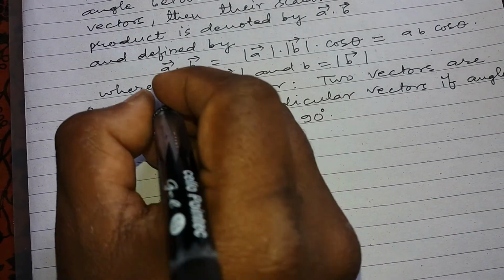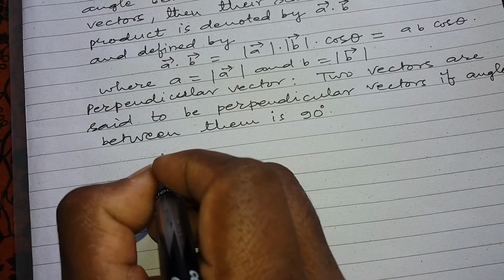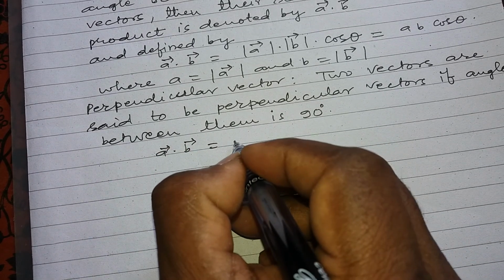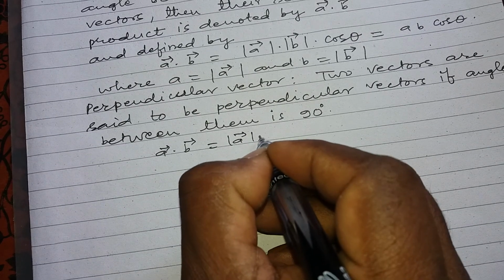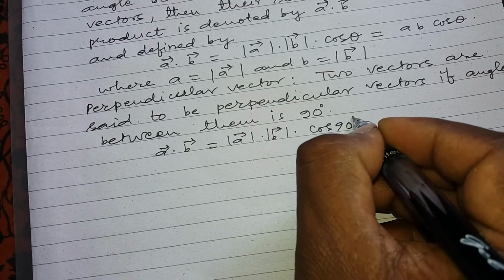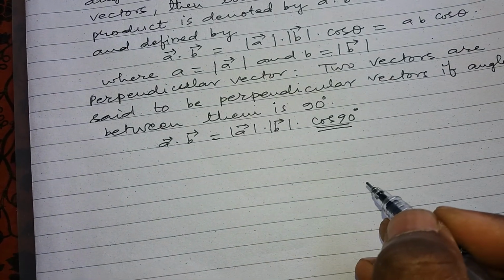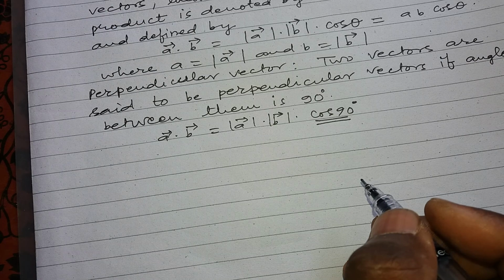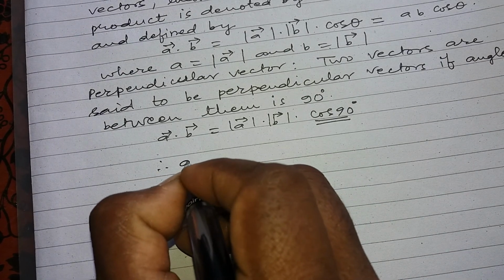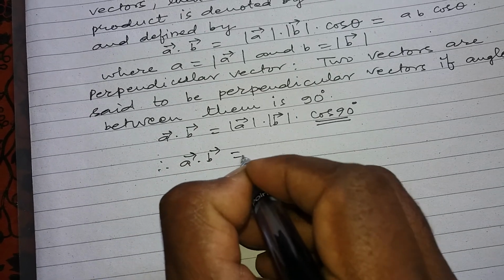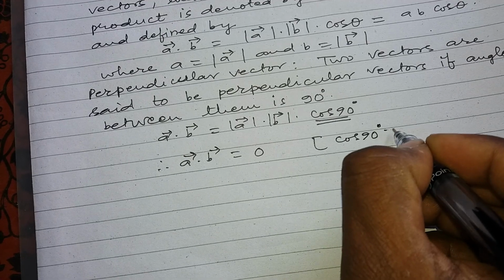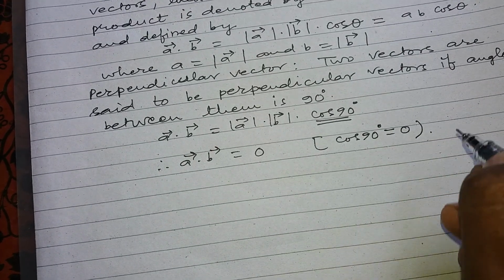So see here, above we got the product. Here we can put vector A dot vector B equals magnitude of vector A times magnitude of vector B times cos 90 degree. Value of cos 90 degree is 0. So we will get vector A dot vector B equals 0, because cos 90 degree equals 0. We got it.